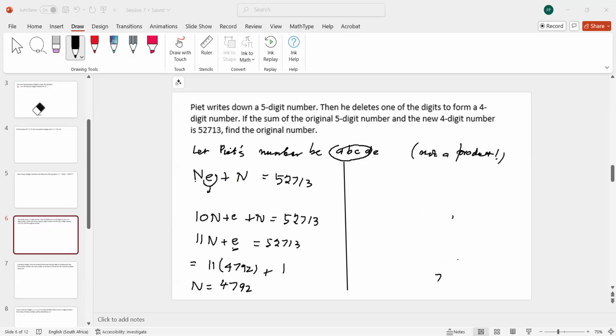Let me just do this. This is your A, B, C, D. And E is 1. So therefore, find the original number. The original number is A, B, C, D, E. We've got A, B, C, D is 4792. And E is the remainder.